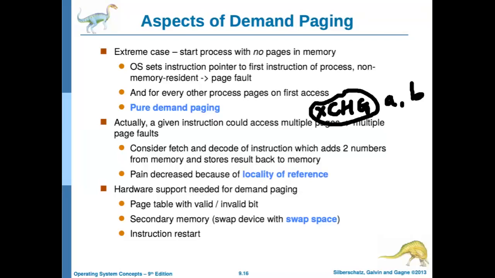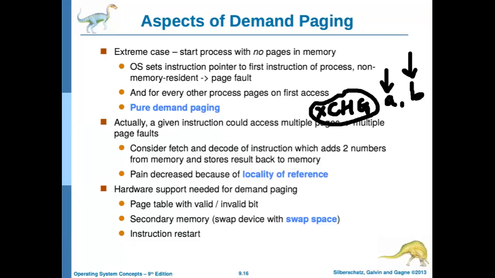Now this is one address. Maybe it is coming from some other page, and this is one more separate address. So 3 bytes may be coming from 3 different pages. So even though this is a single instruction, it may result in multiple page faults. And for that, we need to see the locality of reference. Anyways, we'll see one example for this.